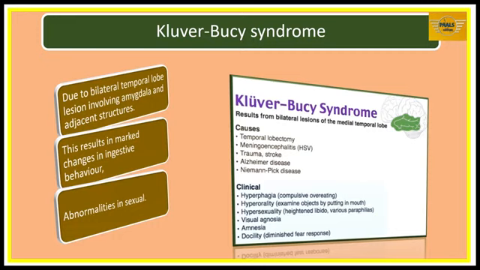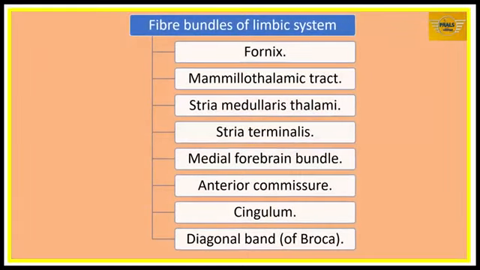This results in marked changes in feeding behavior and abnormalities in sexual behavior. Some of the clinical signs include hyperphagia, which is compulsive eating, hyperorality, examining objects by putting them in the mouth, hypersexuality, heightened libido, visual agnosia, amnesia, and docility.